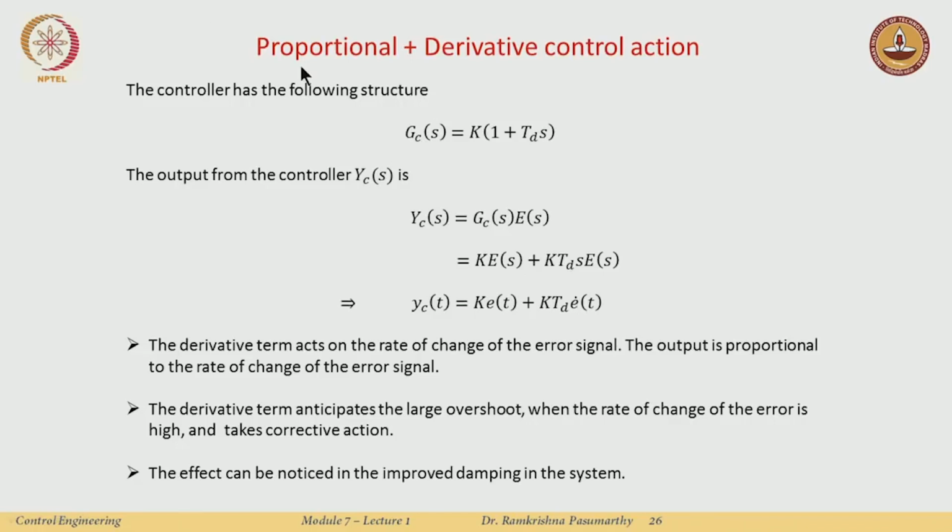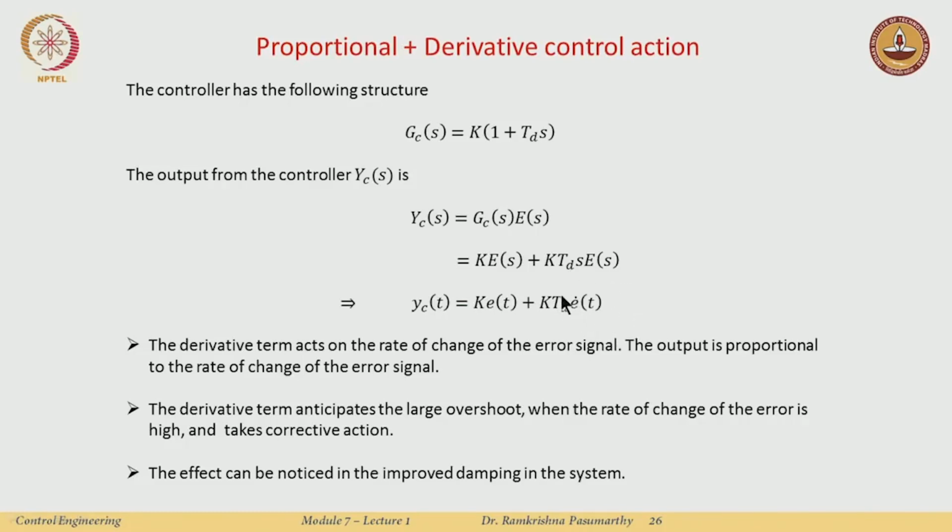Okay. So, again take a proportional plus derivative controller, where the controller now looks like K (1 plus T d s), and the output from the controller y c of s is, so I have y c is K e of t plus K T d e dot of t, right.